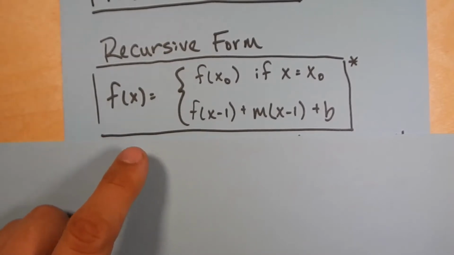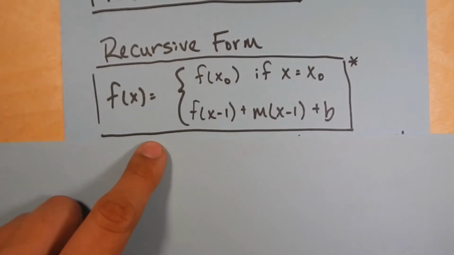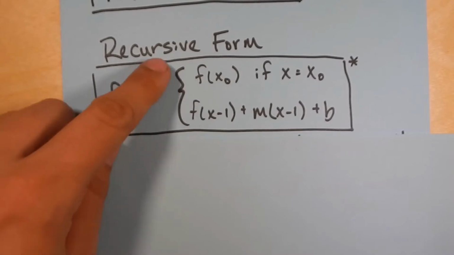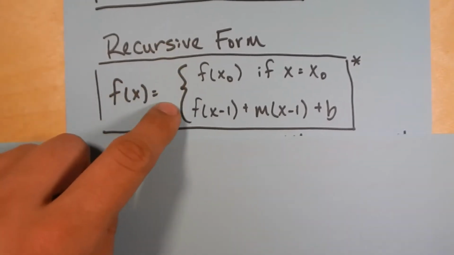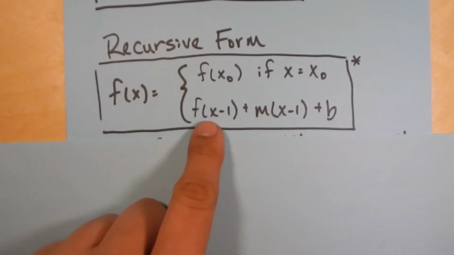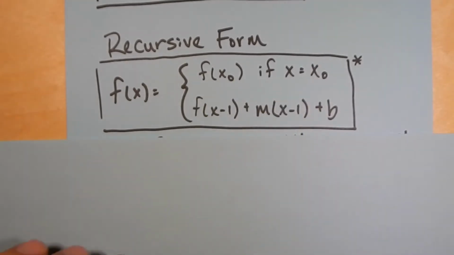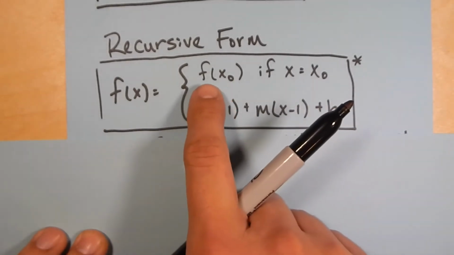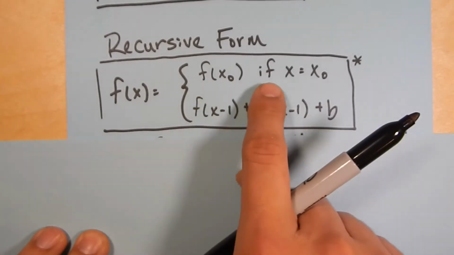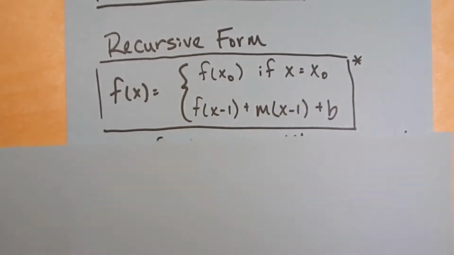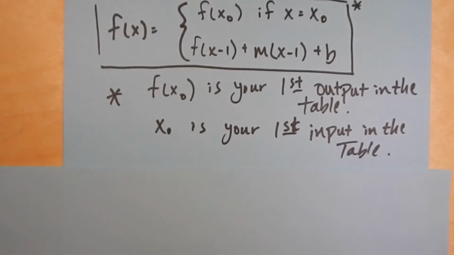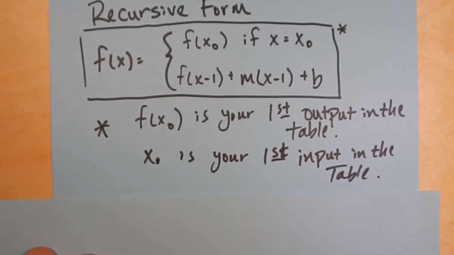Recursive form, as we've seen before, looks a little bit different, and it's got this big curly brace going on here. It has some weird notation. f of x sub 0, or x sub naught, is our first output if x sub 0 is our first input, and that's what our little star here is all about.